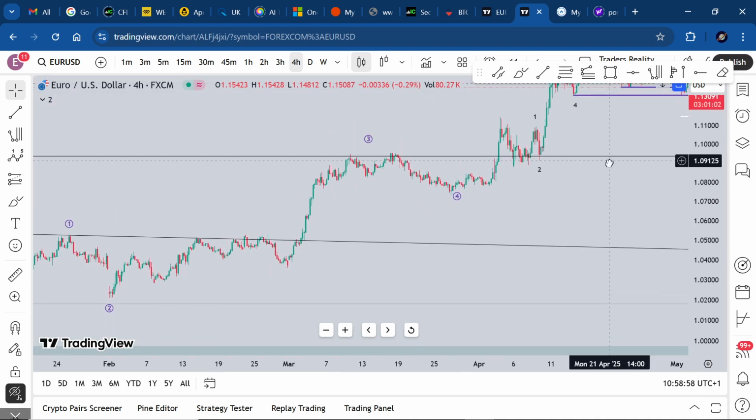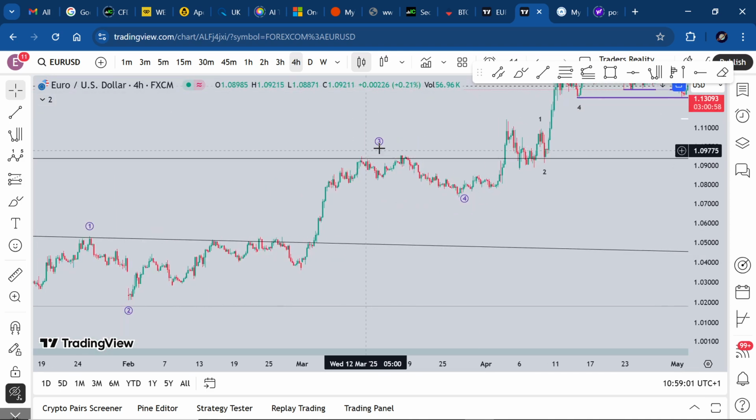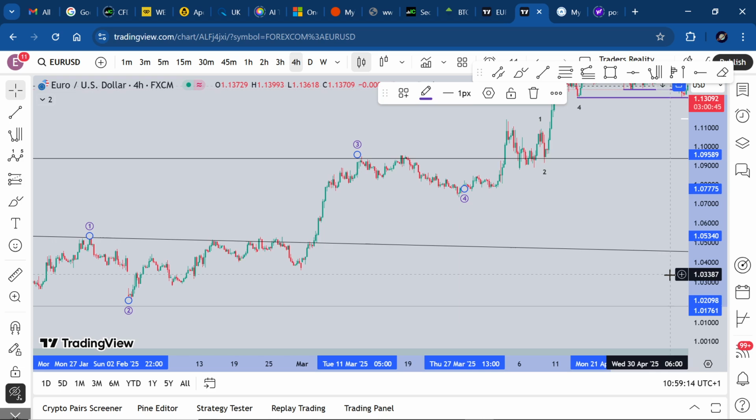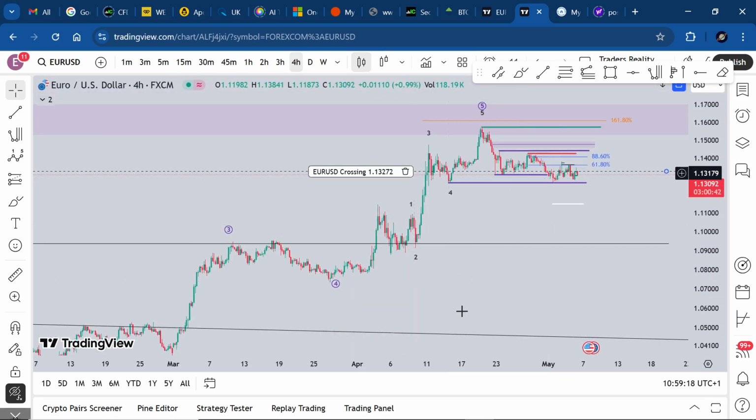So that is a potential, but when I count this wave, I think it counts better the way I had it before. But potentially this could be the count. I'm definitely open to considering this as the count, whether the 3 is here or the 3 is here. And then a 1, 2, 1, 2.